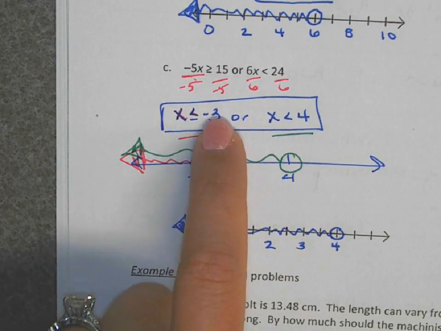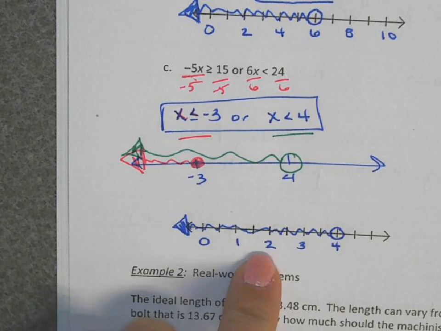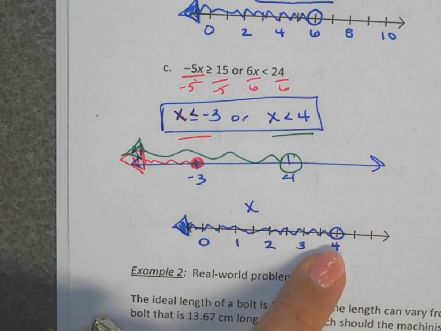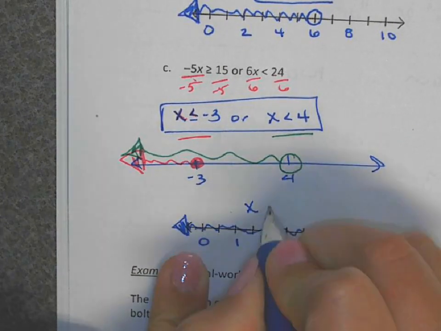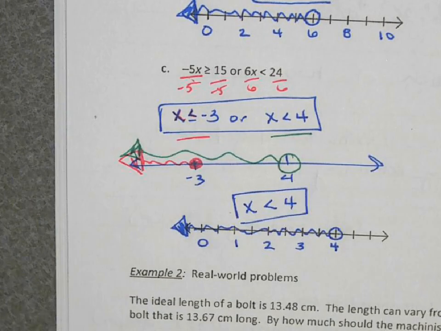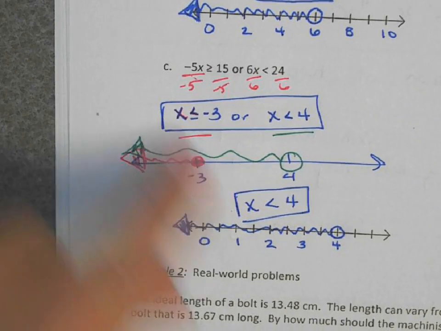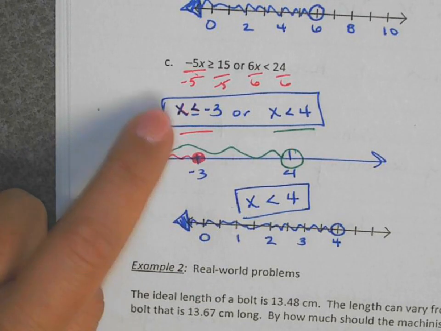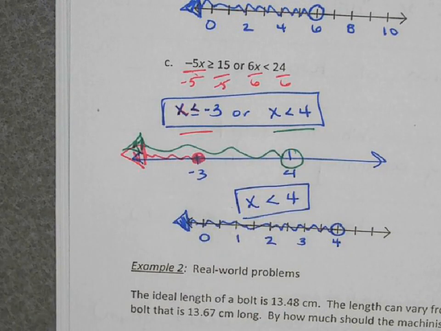I don't need a compound inequality to represent this graph. So how would I represent this graph? How would I describe this? X is less than 4. So this is just a simpler way of writing that solution, because I don't need that long, lengthy solution for that one.